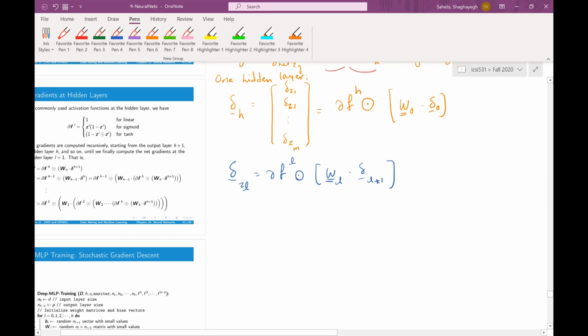It's as if the net gradient for the next layer is propagating to this layer, weighted by these W_Ls, right? And then we have the element-wise product with the gradient of f.